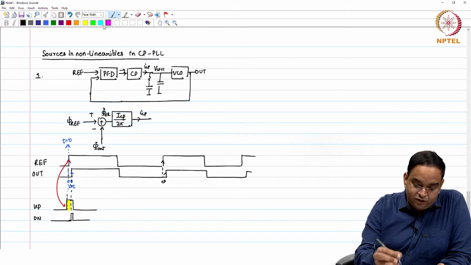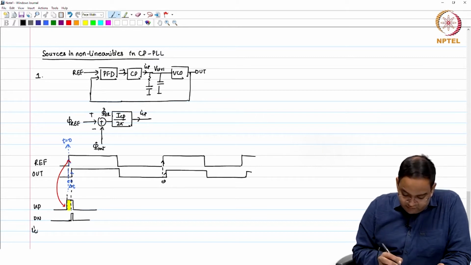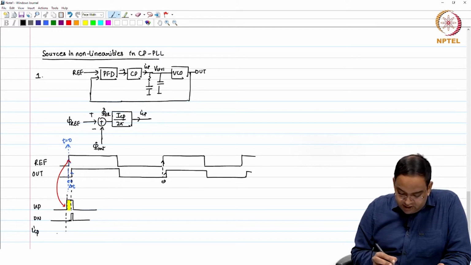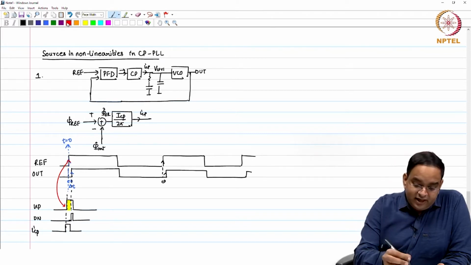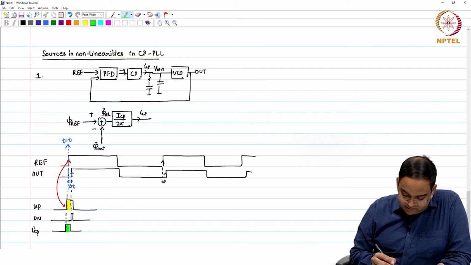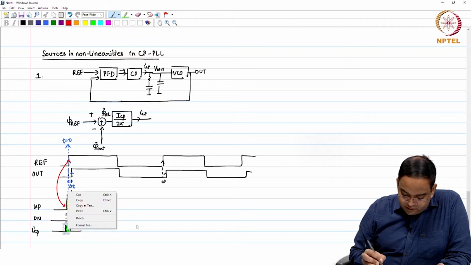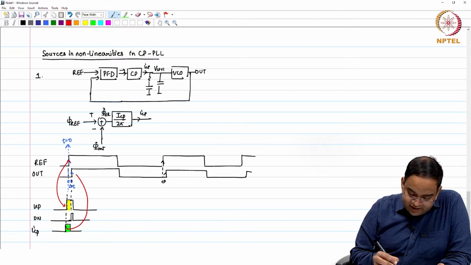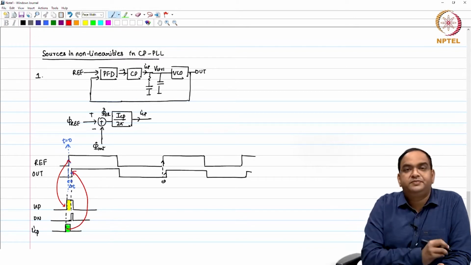So, I will draw the current also, that will be helpful for us to understand. It gives a positive current. That current may remain only for this time, but you get this current, and this current itself, I have to highlight it because this is important here, goes and changes the control voltage and the rising edge on the output pulse.